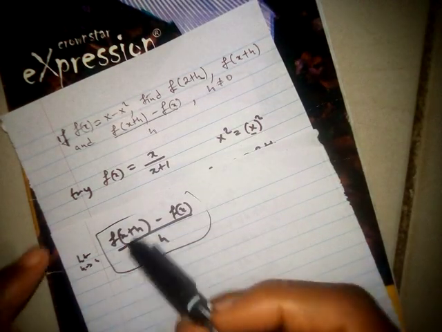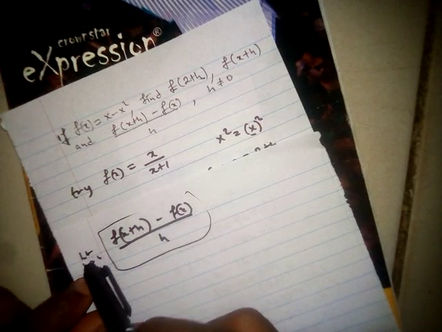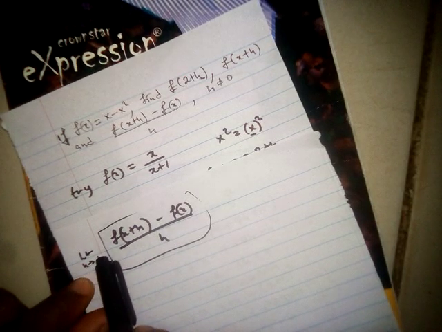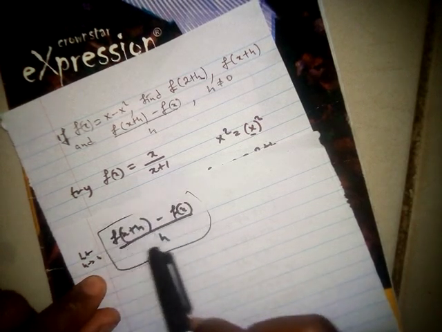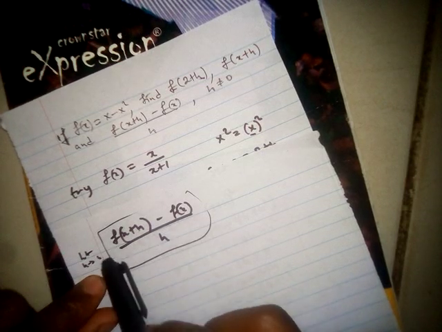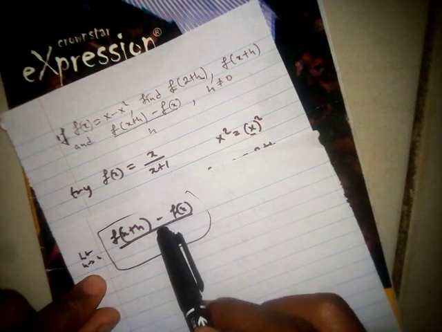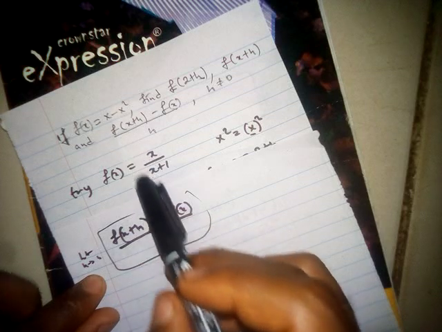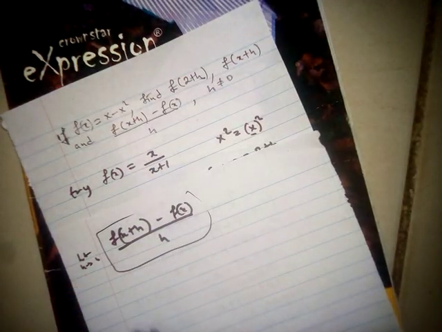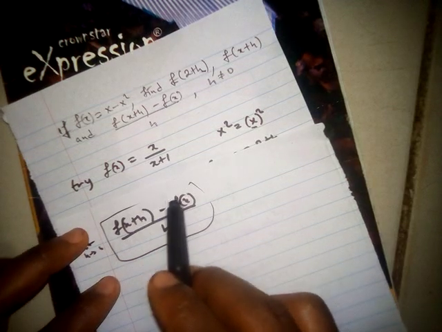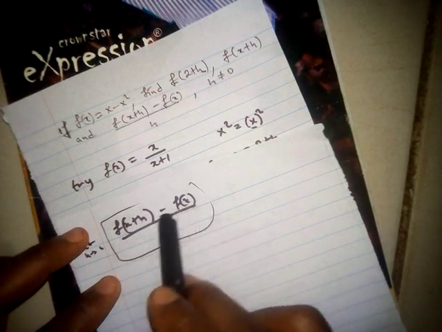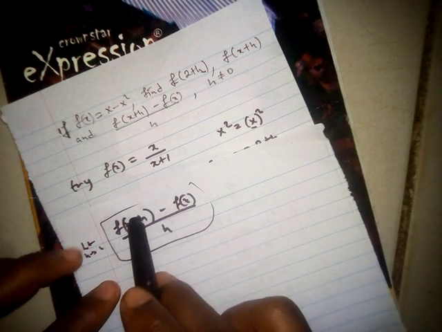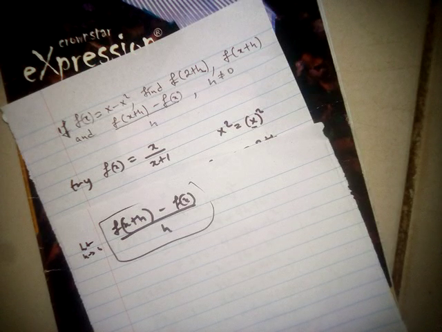Whenever we take the limit of this expression as h approaches 0, this becomes the definition, or the first principle, of differentiating a function f of x. But that's not what we're going to do in this video. What we are going to do is simply break this down to show you how to find this, so that it will help you in solving questions in differentiation.